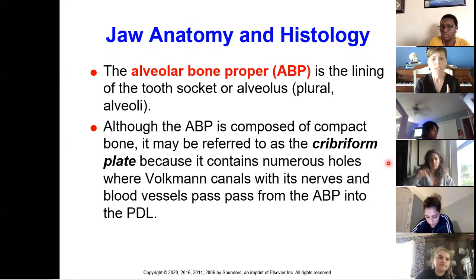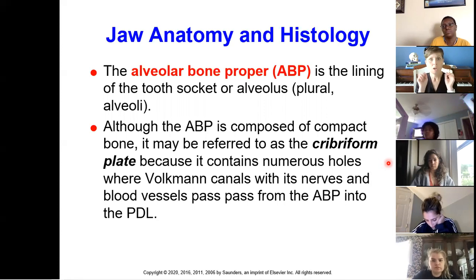So the bone on the cheek side, the buccal and lingual, is much thinner than it is in the middle, because although it's made of compact bone, it's thin and has all those holes in it.